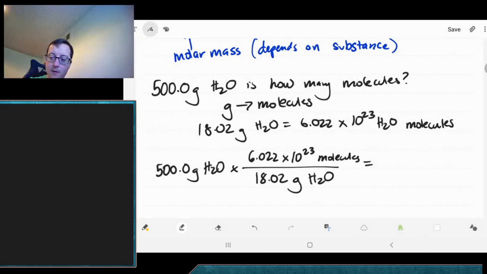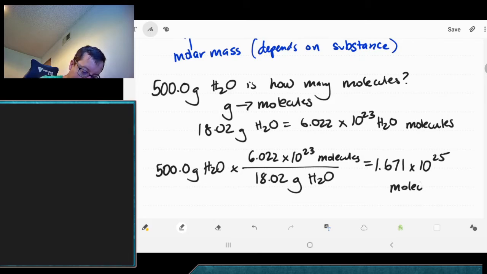And doing this, 500 divided by 18.02 times 6.022 times 10 to the 23rd. And lo and behold, we get 1.67. Looks like we need 4 sig figs here. 1 times 10 to the 25th power molecules.